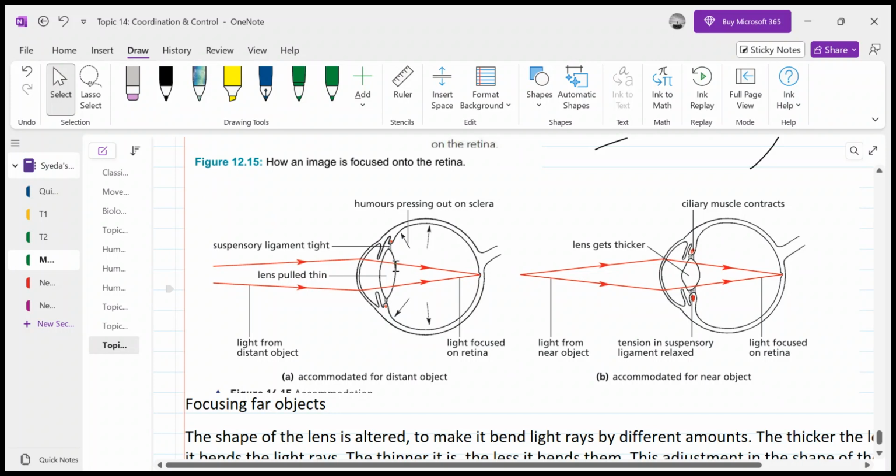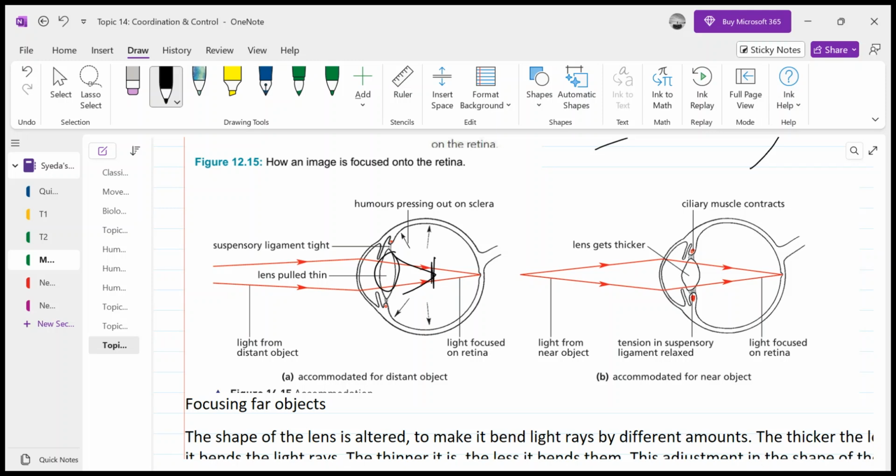What I am trying to make you understand is that, for example, if this is bulging, the light would be focused here, and that's why you are able to see a blurred object. You will be able to see the object, but it would be blurred. That happens when your eyesight starts to get weak, right?